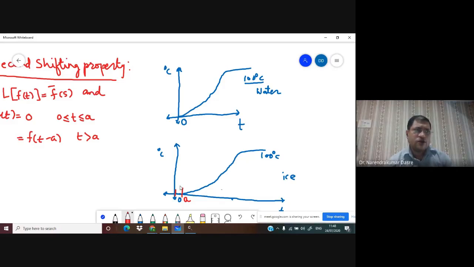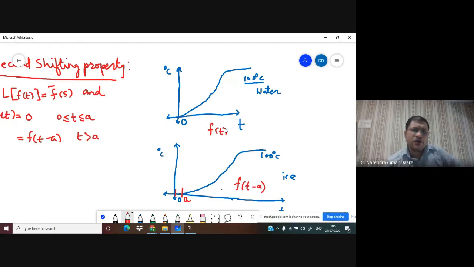Where will the heat go and what is this heat called? Have you got this concept? Here we don't have any response. So this is our signal f of t and this is our signal f of t minus a.